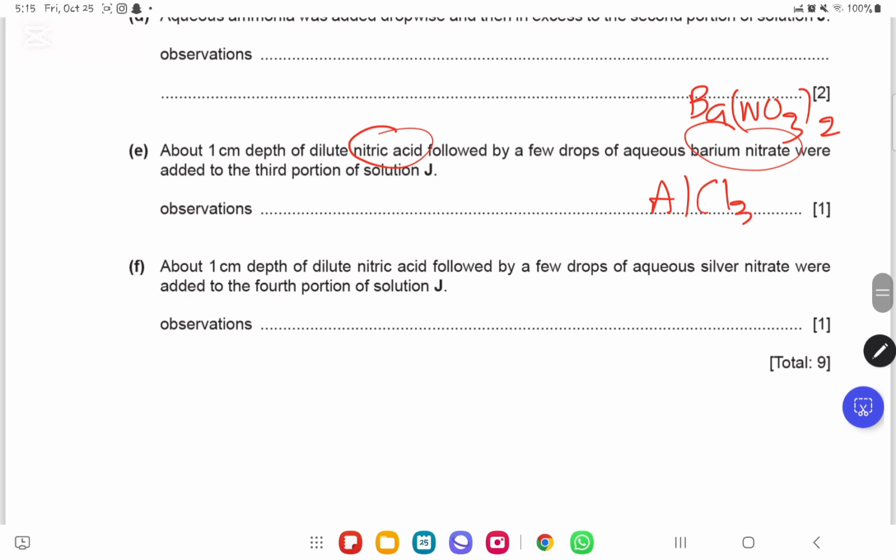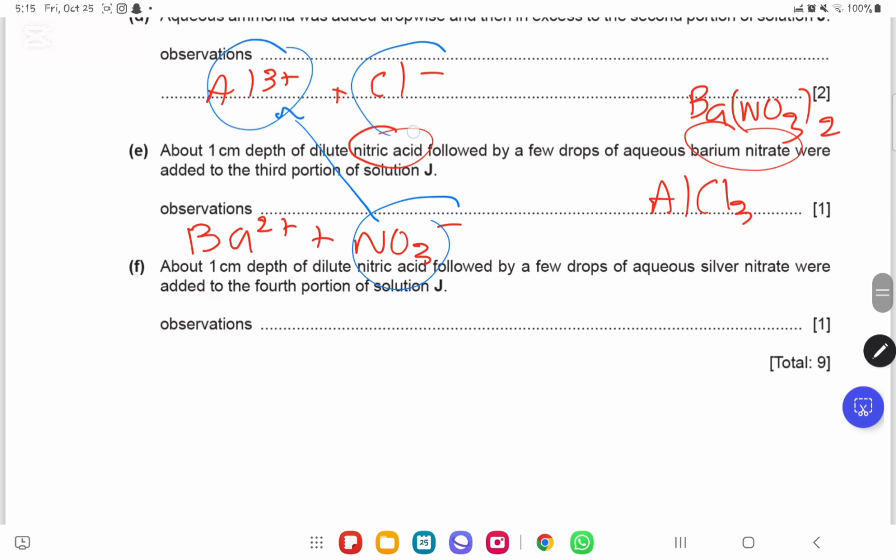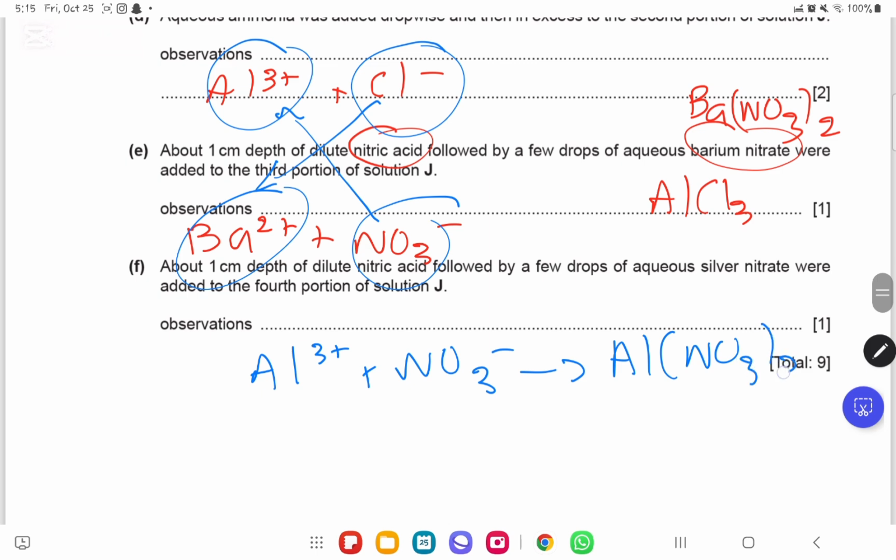Now what are the observations? Definitely, let's divide them into their ions. We have Al3+ plus Cl minus, then we have Ba2+ plus NO3 minus. Then if we switch, we get Al3+ with NO3 minus gives us Al(NO3)3, and then Ba2+ with Cl minus gives us BaCl2.